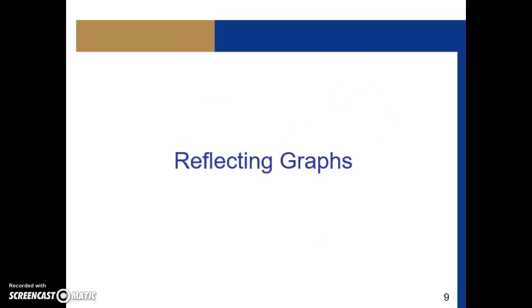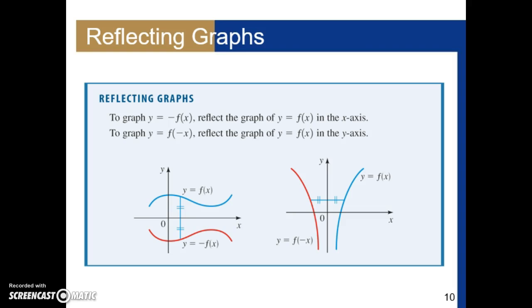So let's talk about reflecting graphs. If we are going to reflect a graph over the x-axis, again, it's really straightforward. If I have a function y equals f of x, and I graph that function, right here is y equals f of x.